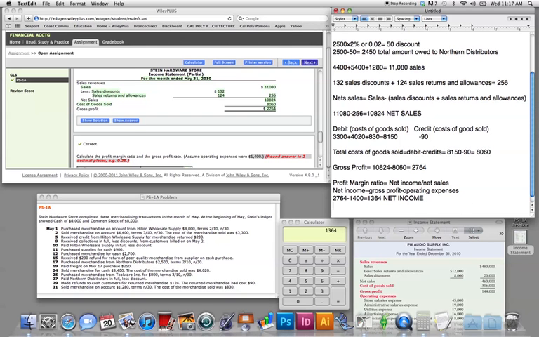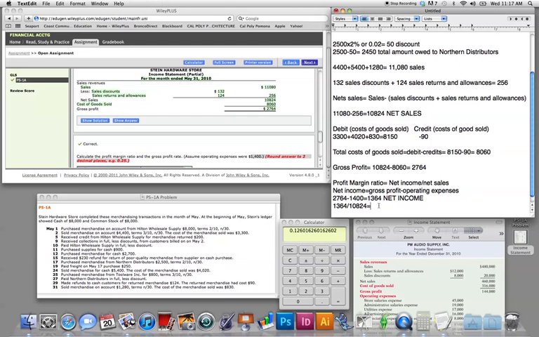Net income, which was $1,364, divided by our net sales, which was $10,824, equals our profit margin ratio.